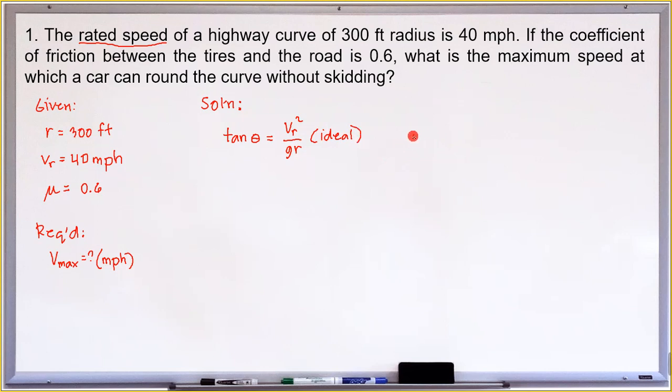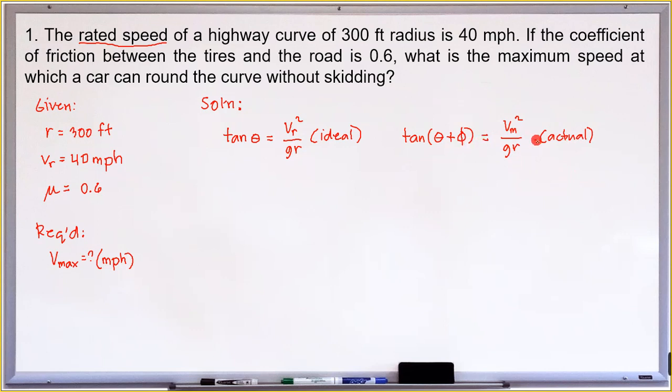And then we also have the actual condition: tangent of theta plus phi is equal to the maximum speed square over GR. So this is the actual banking. Okay? So atong ipakita is si V max.